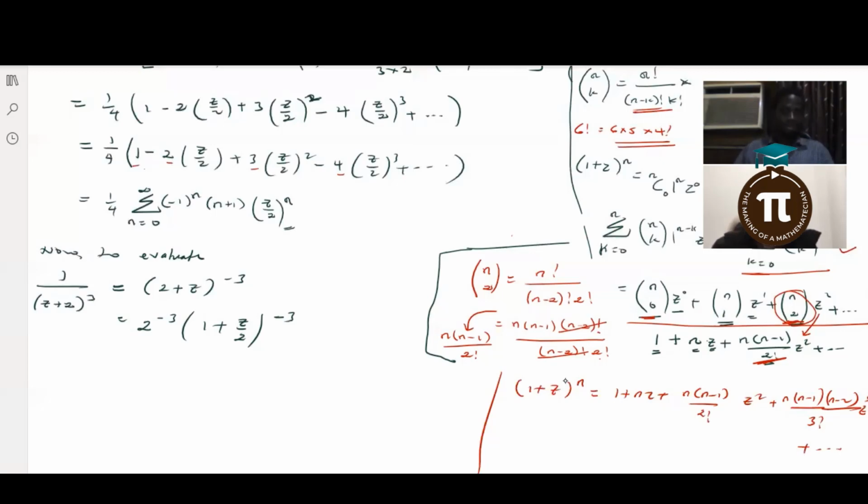So in this case, of course, we replace z with z/2 and n is negative 3.